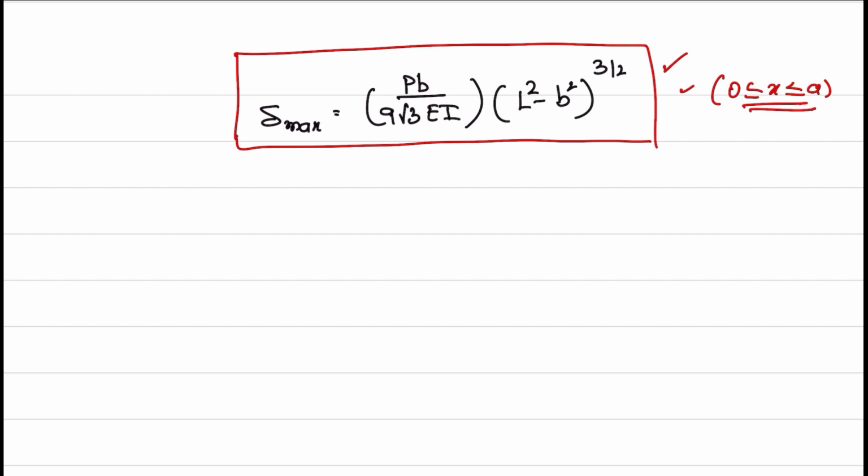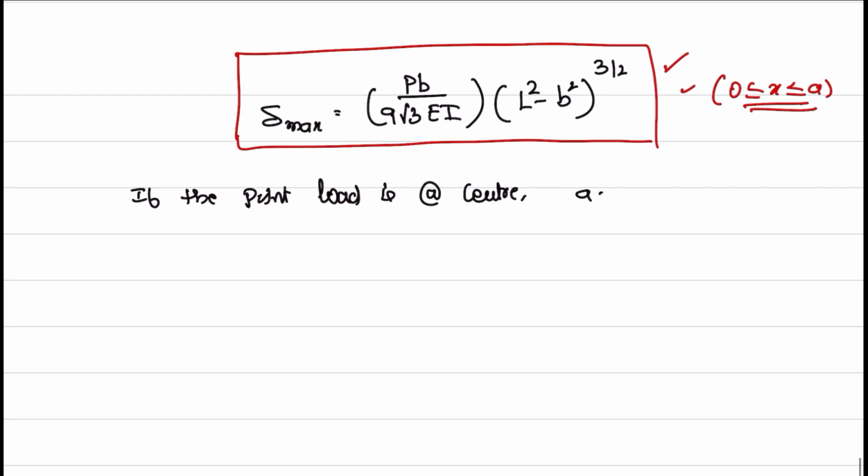If the point load is at center, then what happens? A is equal to L by 2, sorry. A is equal to B is equal to L by 2. Please put that value in the above.